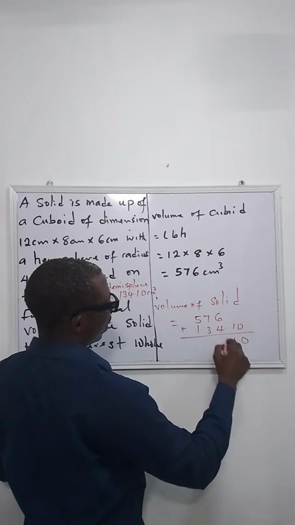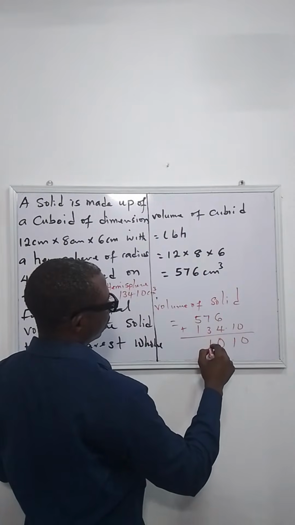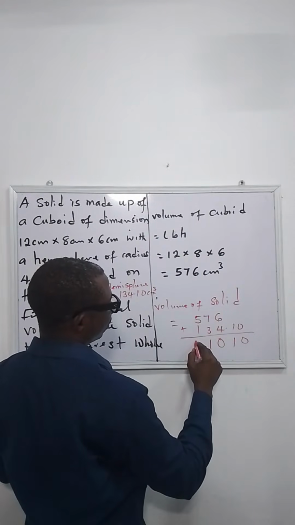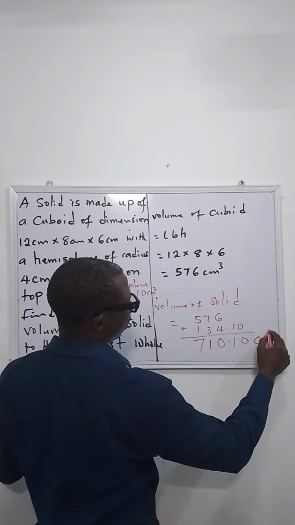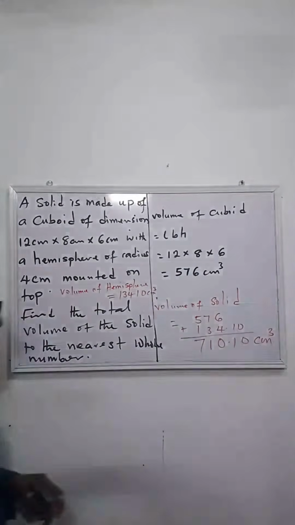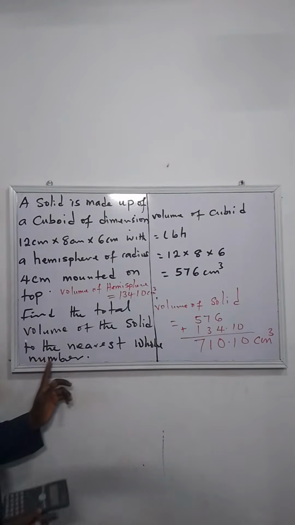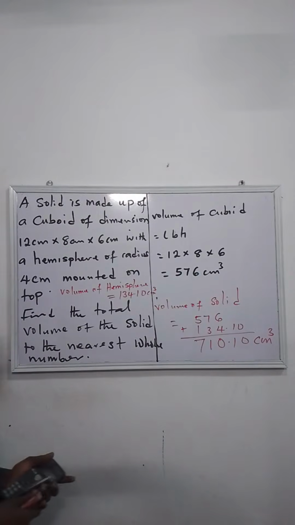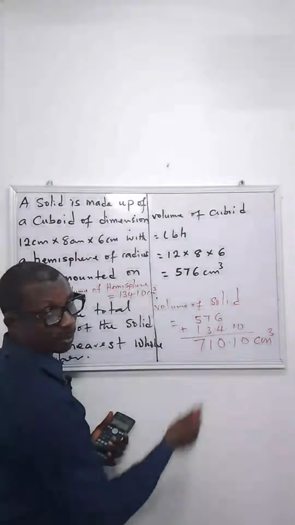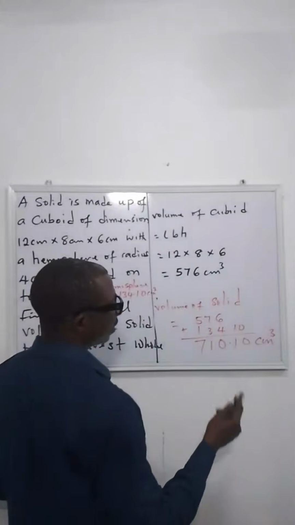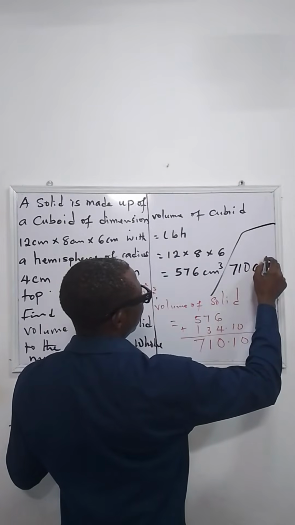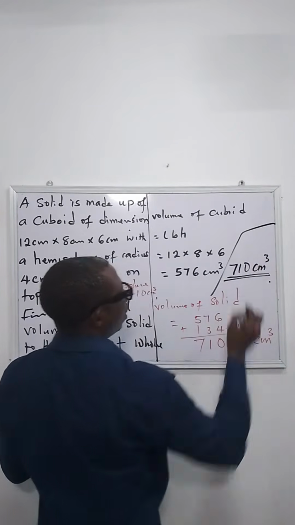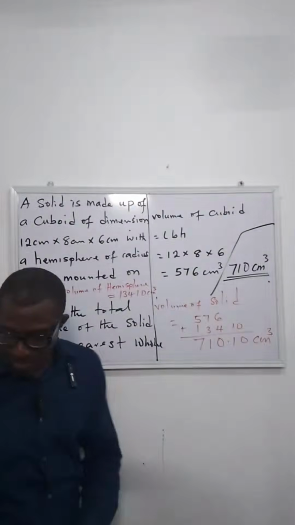When we add this, we have 710.10. And that's going to be in centimeter cube. But the question asks you to correct your answer to the nearest whole number. So the nearest whole number here, what we have before the decimal point is the whole number. So that means the answer to this problem now is going to be 710 centimeter cube. Okay, so that is the answer to that.